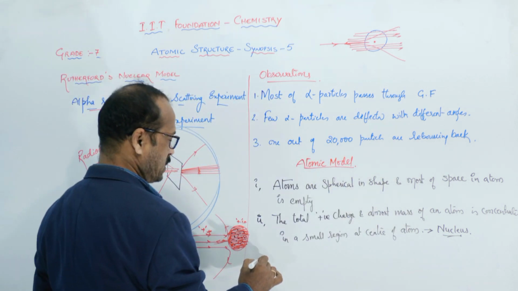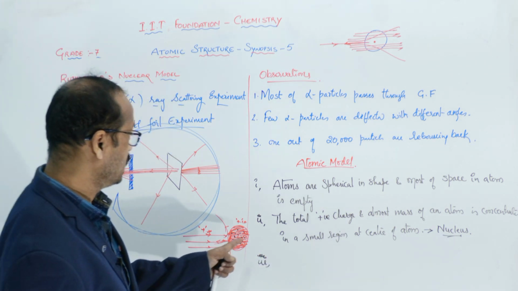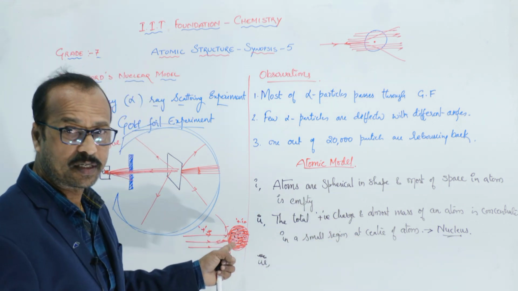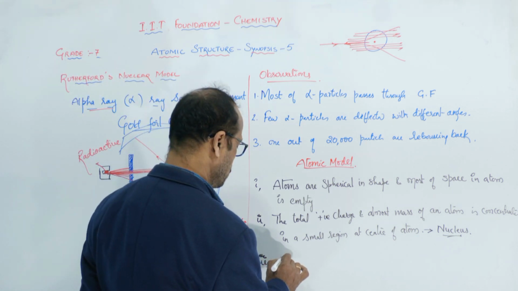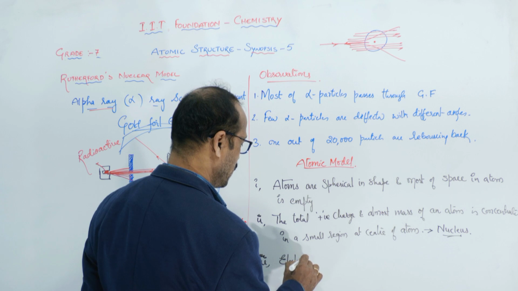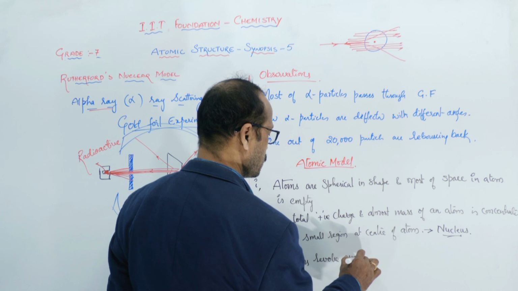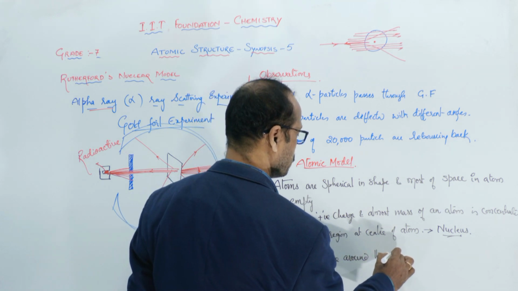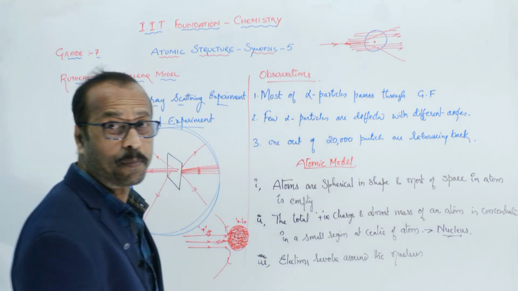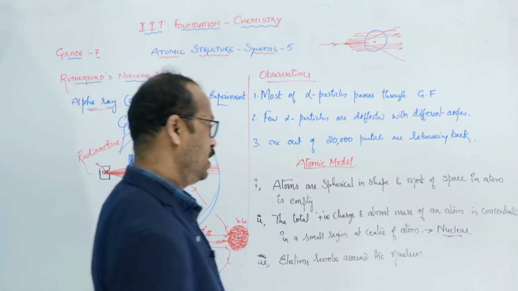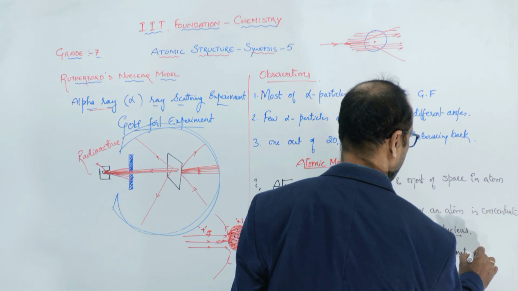Now what does the third point state? He explained about the positive charge, but electrons were already discovered by J. J. Thomson. So what about the electrons? The third point explains that electrons revolve around the nucleus, like planets revolve around the sun.